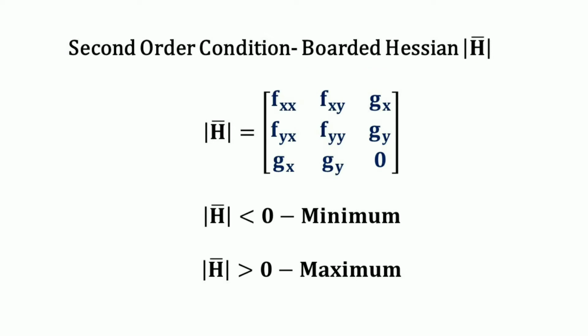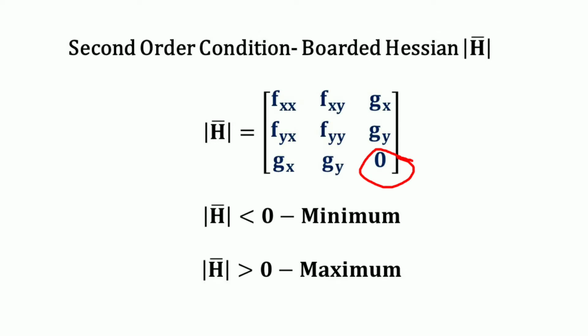So in the given bordered Hessian determinant, f_xx and f_yy are the direct partial derivatives on the principal diagonal, and f_xy and f_yx are the second order cross partial derivatives off the principal diagonal, bordered by g_x and g_y, the first order derivatives of the constraint, with 0 on the principal diagonal.